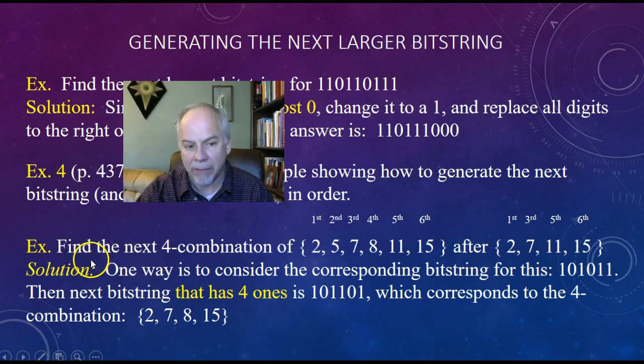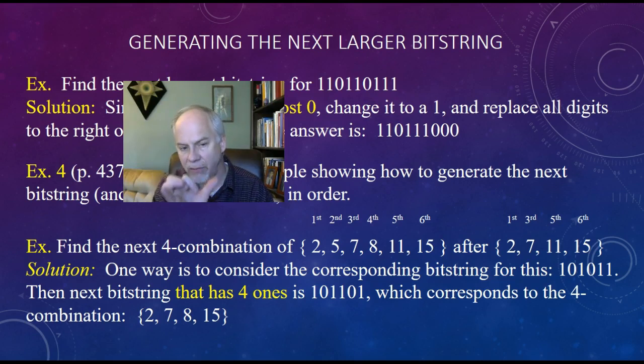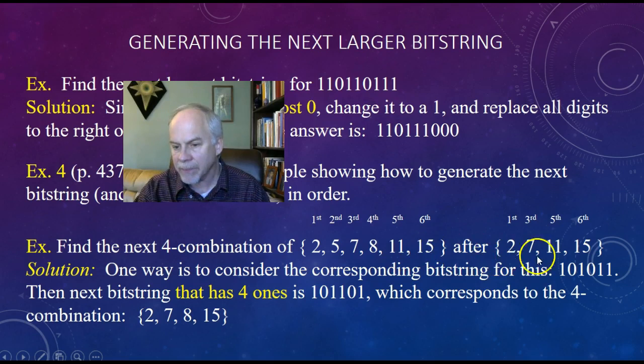All right, then if you were given a problem that said find the next 4 combination, that means the next subset with 4 elements in it, basically. In other words, combination of 4 of those items. When the set you're choosing from is 2, 5, 7, 8, 11, and 15, but you're trying to find the next 4 combination after the combination 2, 7, 11, 15.